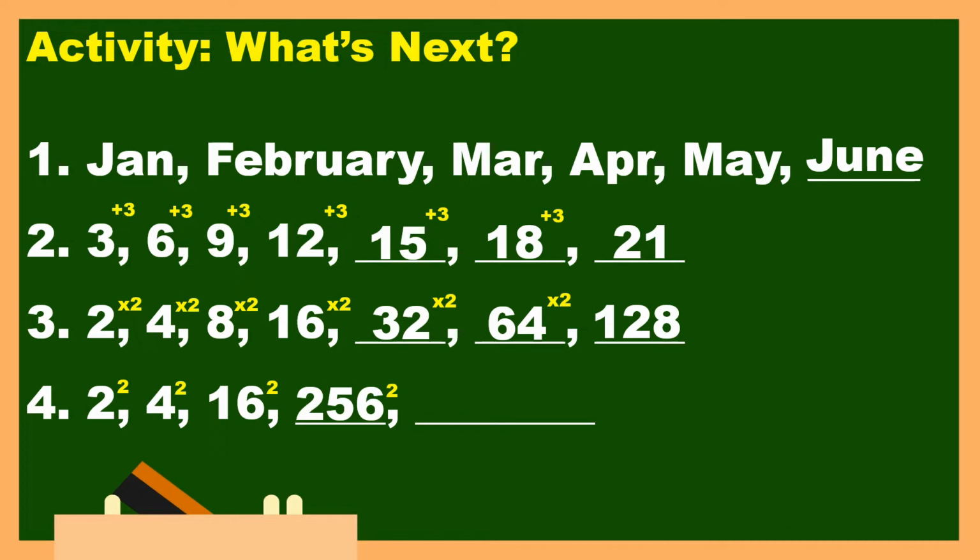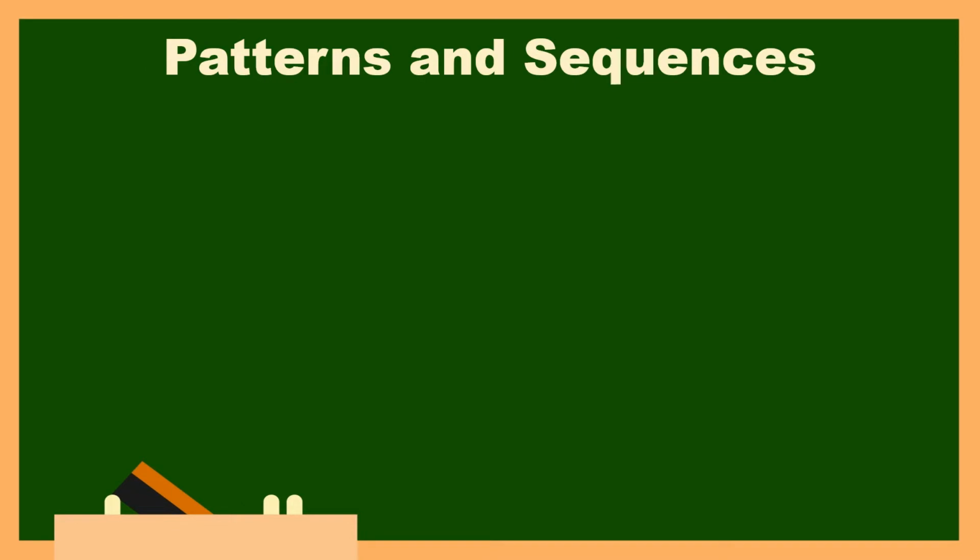So, 256 squared is equal to 65,536. So, the next two terms of the given sequence are 256 and 65,536.